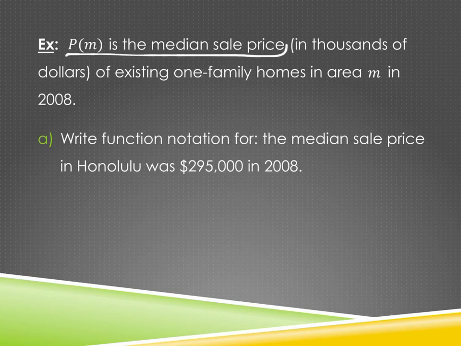P of M is a sale price, and M is an area. Right? It's an area. It's Oklahoma City. It's Shawnee. It's, on part A, Honolulu. It's an area. That's what M is. It's not even a number at all this time. That's okay. But the output better be a number because it's supposed to be a sale price. Right?